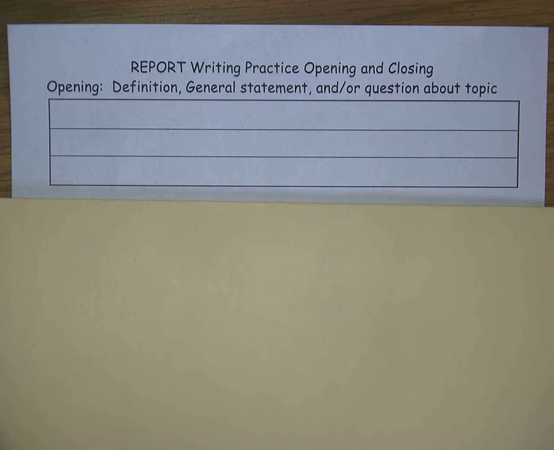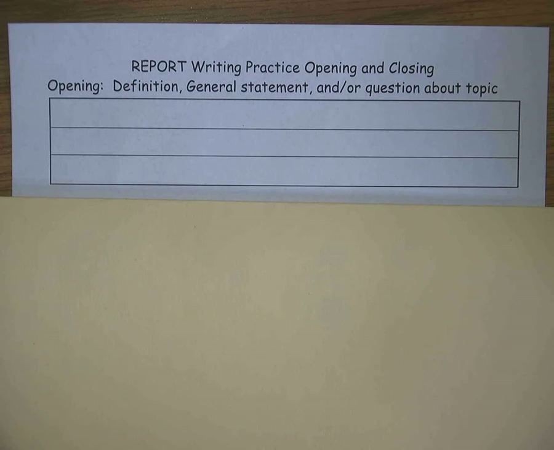So if you were researching, say, a tornado, and that was your topic for your research, you would want to do a search for a kid-friendly definition of a tornado. So what I usually do is I go into Google and I type in my topic. So in this case it would be tornado, and I would say definition of tornado for kids.